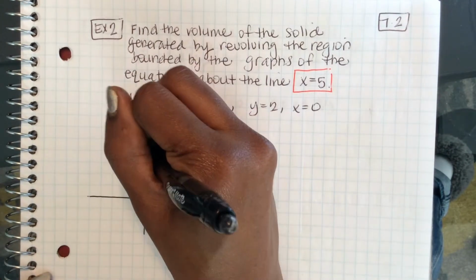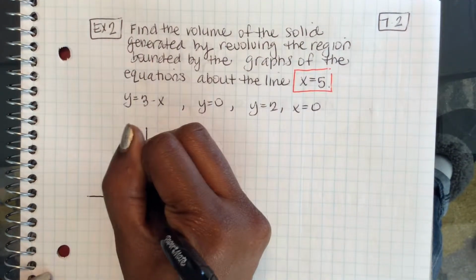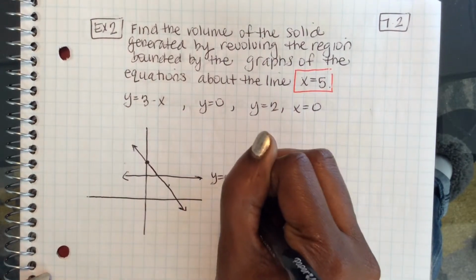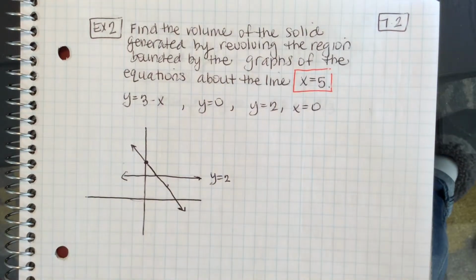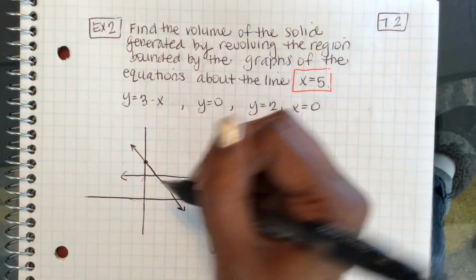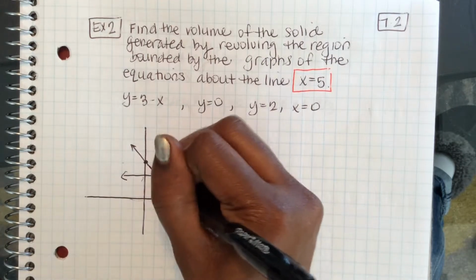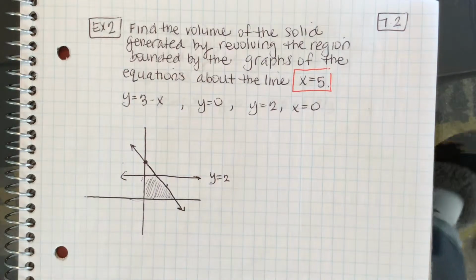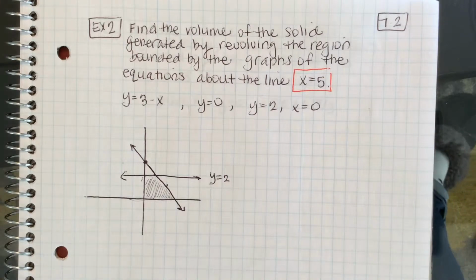So this is 3 minus x, and then y equals 2 is here, and then y equals 0 is here, and x equals 0 is here. So this is the region bounded by those curves, right? It's the region bounded by the curves.